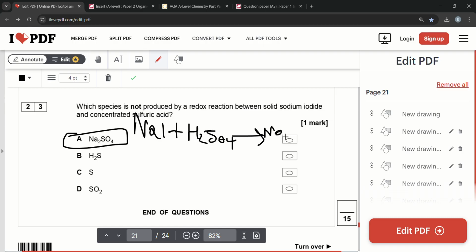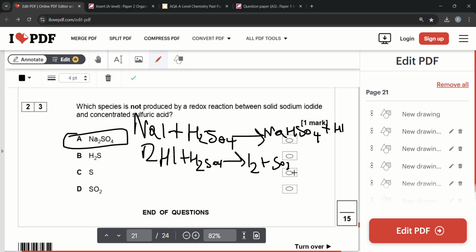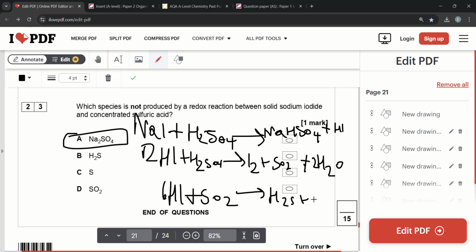NaI plus H2SO4 gives NaHSO4 plus HI. 2HI plus H2SO4 gives I2 plus SO2 plus 2H2O. 6HI plus SO2 gives H2S plus 3I2 plus 2H2O. So have we formed hydrogen sulfide, H2S?